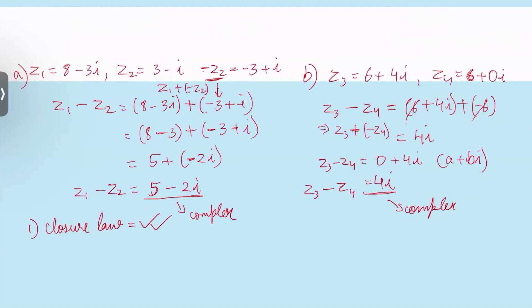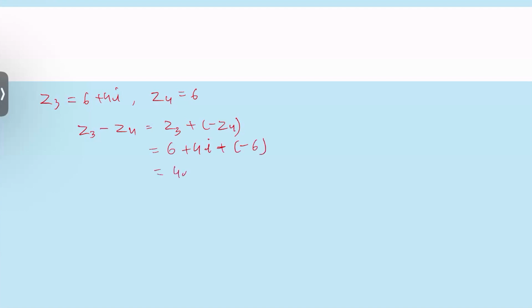Your Z3 was 6 plus 4i and Z4 was only 6. So let's find Z3 minus Z4. Z3 plus minus Z4: 6 plus 4i, and this becomes plus minus 6. So you're left with 4i.